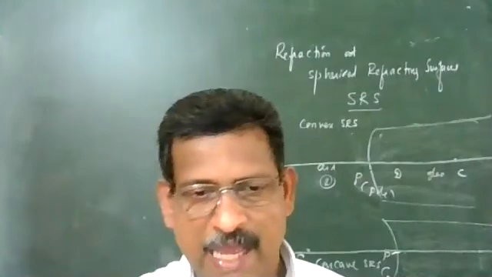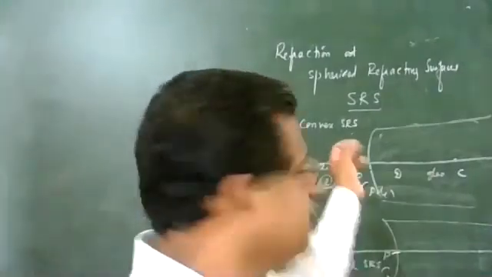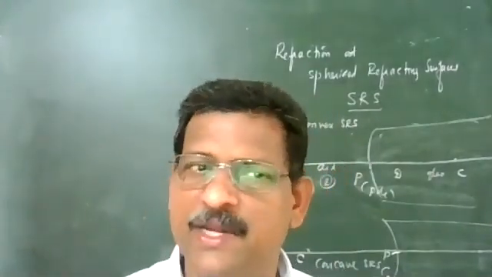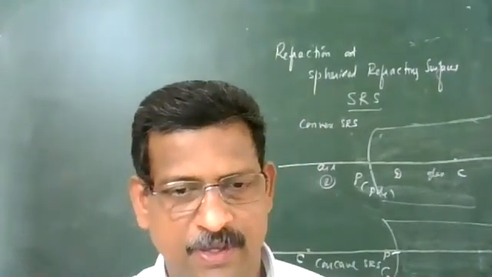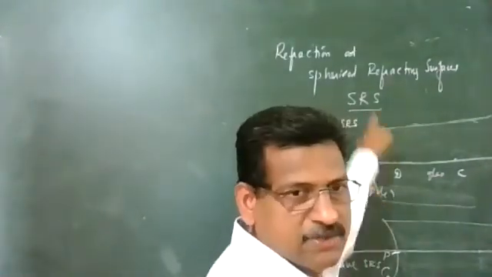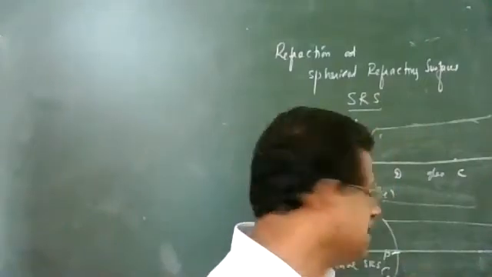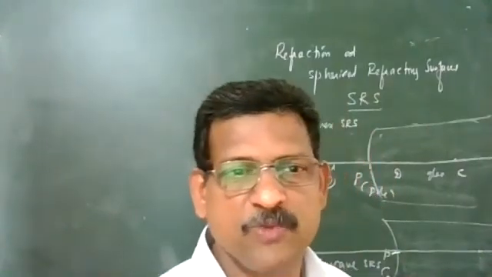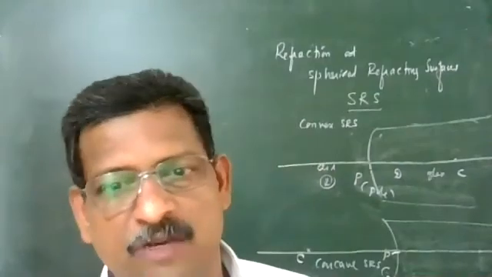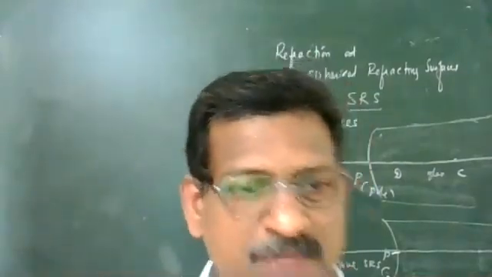Second point, angle of incidence and angle of refraction are very, very small. So sin i can be taken as i, sin r can be taken as r. And the aperture, the diameter, the size of SRS is considered to be very small. And we are to use the sign convention exactly the same as the mirror.